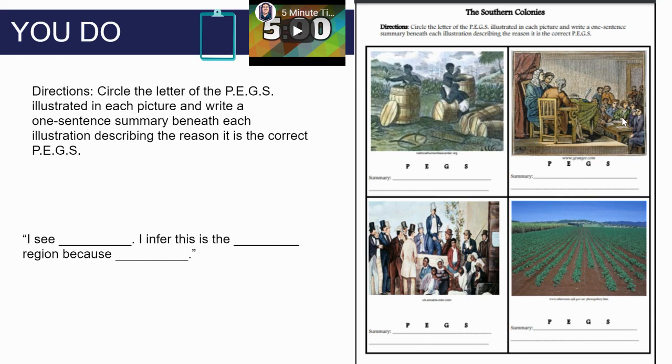Do you see African Americans? Do you see Native Americans? So who do you see? You see white men. And do these white men, do they look rich? Do they look poor? Do they look wealthy?